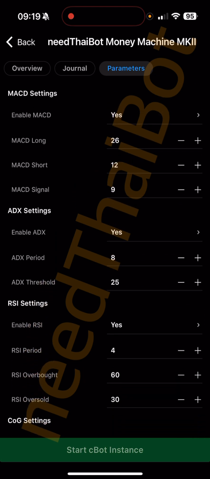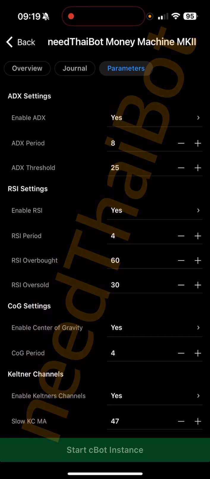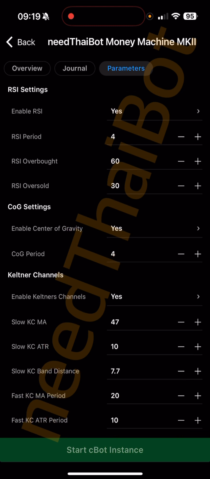And this is the EMA setting. Many people have different strategies. You can look them up on Google or YouTube, key the numbers in, and the indicators will work as the default indicator.